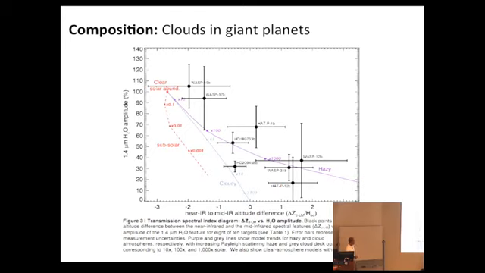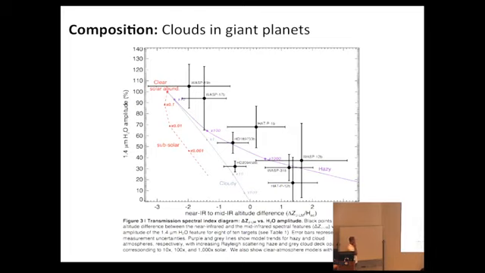And so you can see the individual measurements are fairly low precision for the most part, but taken as a group, they're broadly consistent with the cloudy and in particular the hazy model for these planets' atmospheres. This is further evidence against subsolar water abundances for these hot Jupiters, now from a statistical point of view.